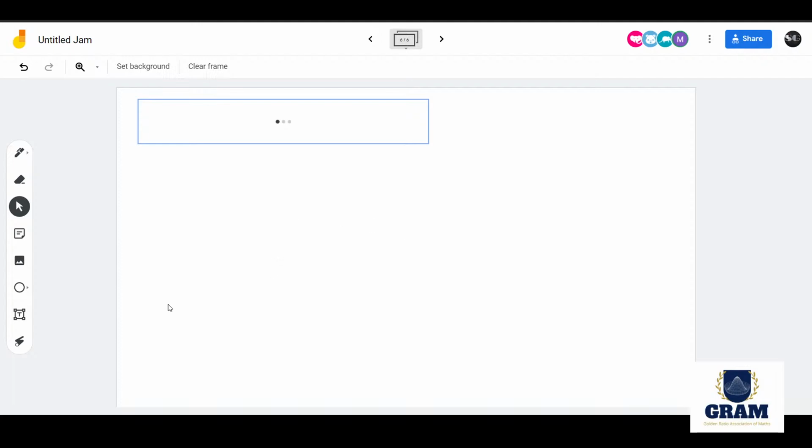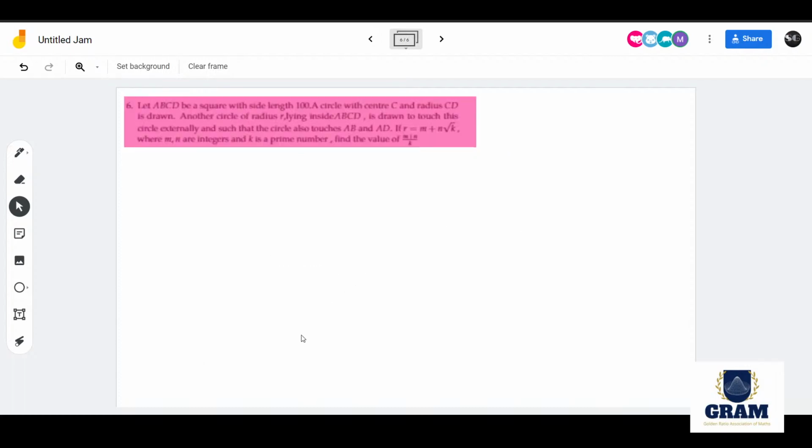For this problem, we first have to construct the figure. It's ABCD, a square. Let me make it. This is ABCD with side length 100. We are given a circle with center C and radius CD.